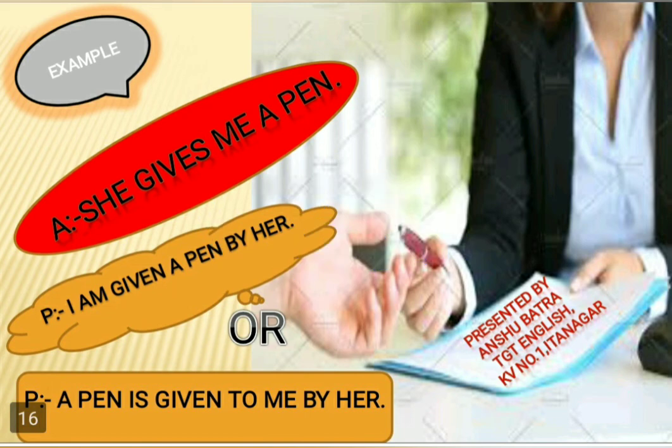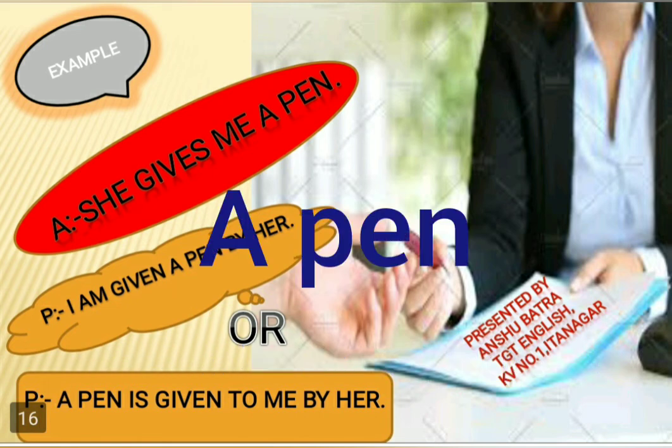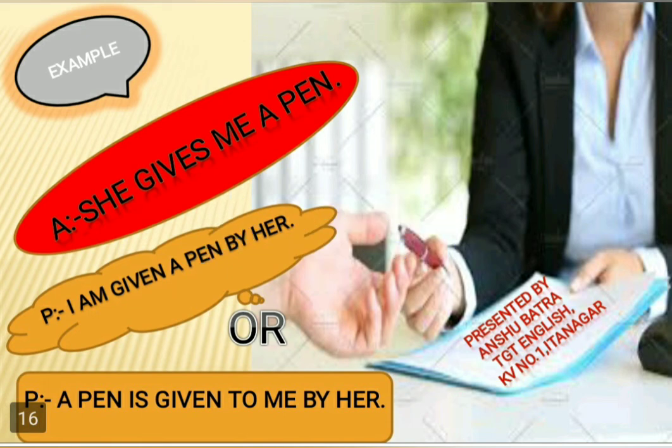So the passive voice will be, I am given a pen by her. The second method is, put direct object in subject place. And direct object is a pen. And with a pen, which helping verb will agree?